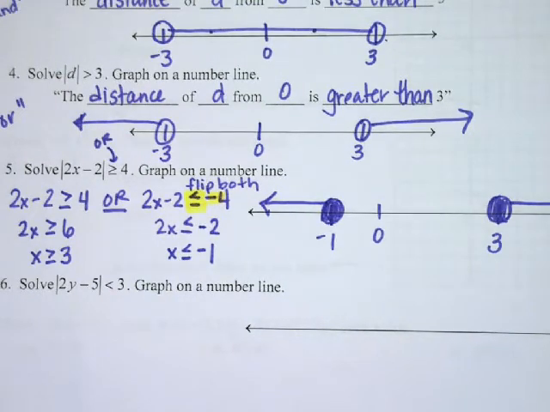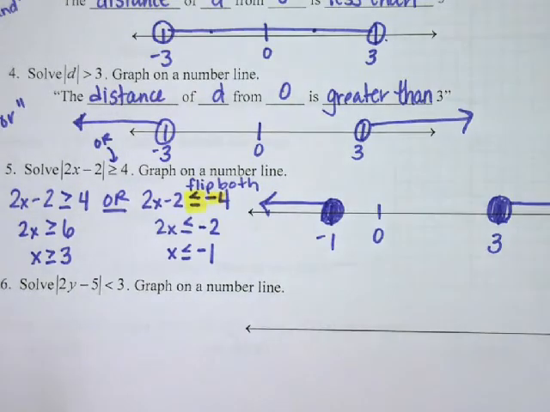Okay, last one. Questions before I do the last one? Okay, number 6 says solve the absolute value of 2y minus 5 is less than 3. Less than, I want to go a distance smaller than 3.